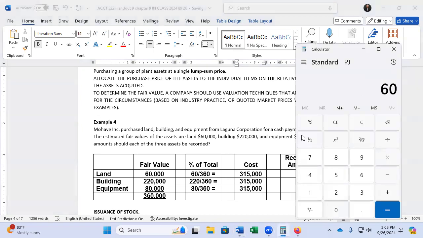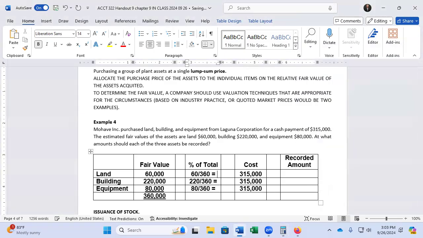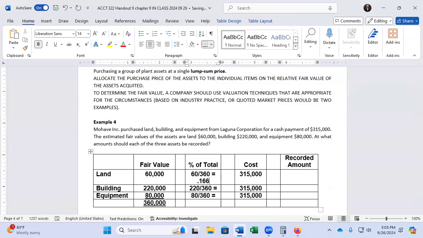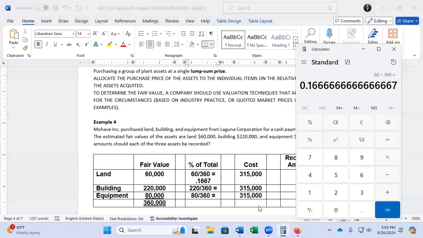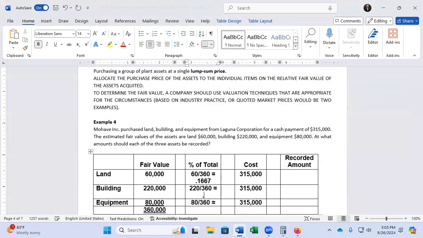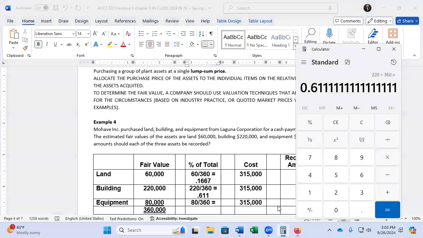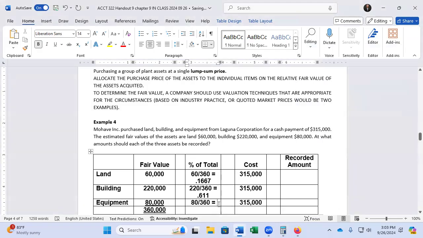Let's figure out what some of these are. 60 divided by 360. Oh, good, that gives us a repeating one. And then this one would be 61.2222. All right.